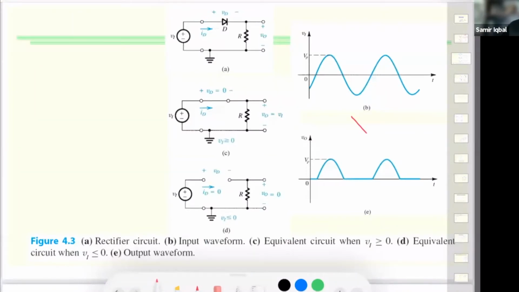So for example, in this first one, when there is a positive voltage on this side, you have output voltage through this resistance, which is grounded. Which means when there is positive voltage, this would be conducting. But if the voltage goes minus, this would be reverse bias, and in this case, no current will be conducted.